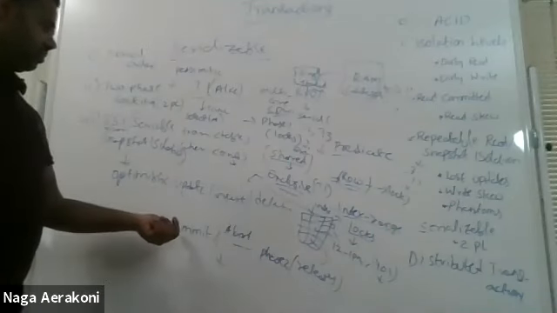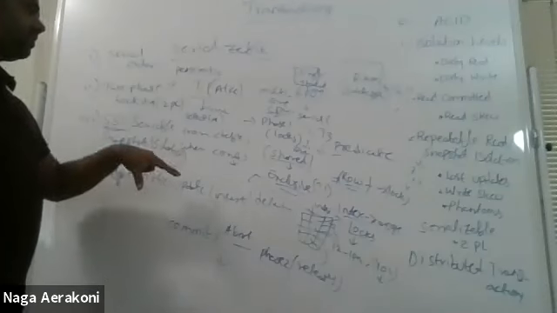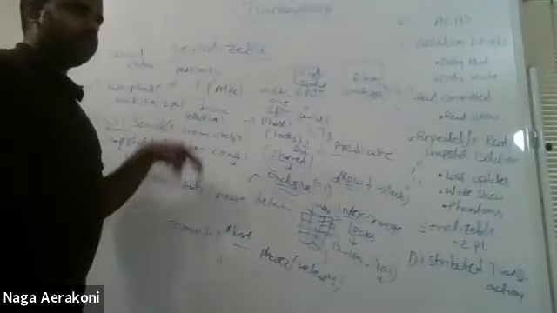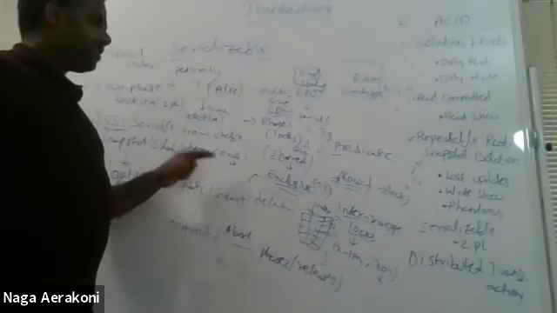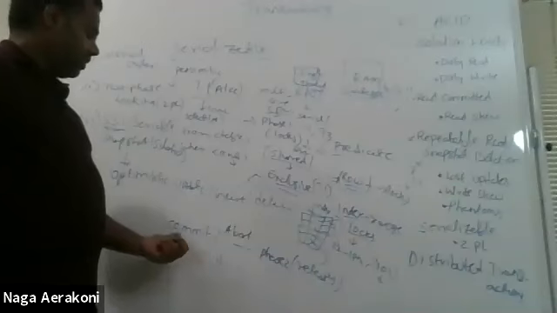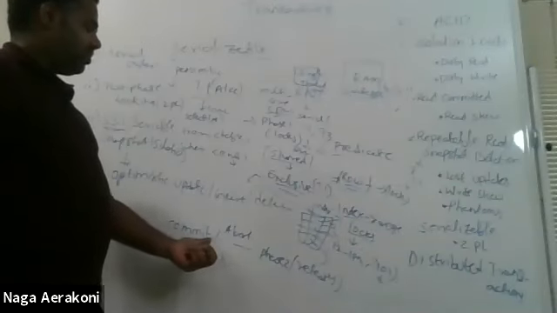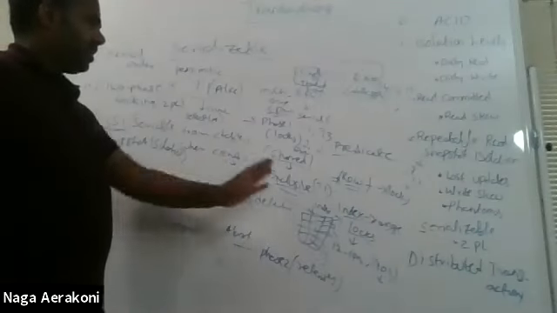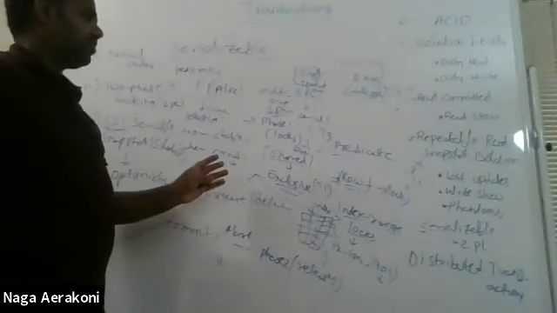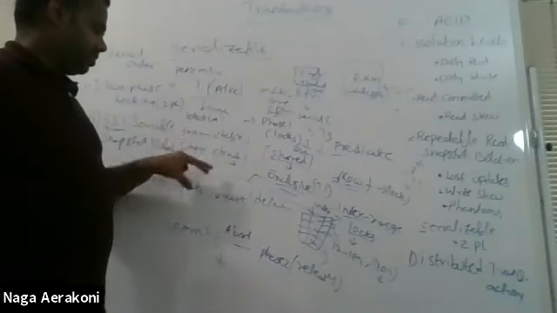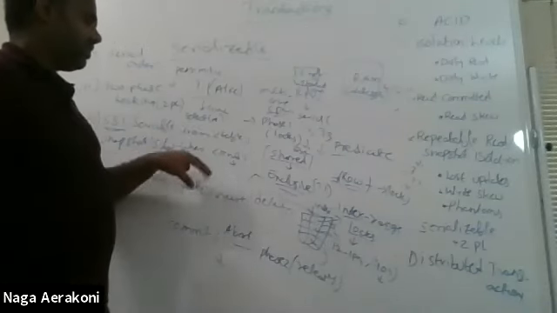So the idea is that instead of being pessimistic, it assumes that there won't be any issues. So let's try to finish the transaction. If we are lucky enough and there are not so many concurrent transactions, then most of the changes will be able to commit. Only very few transactions will have these issues, where they're trying to update the same rows, these conditions that we have seen.